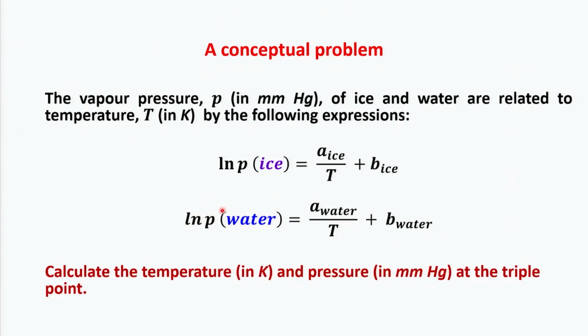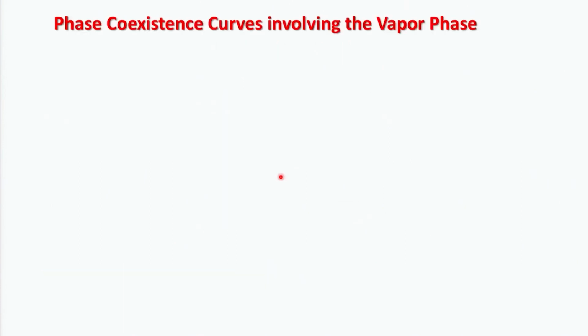And then obviously, by knowing these two equations, knowing A ice and B ice, you can go back and find out what the vapor pressure over ice and water should be from these equations.